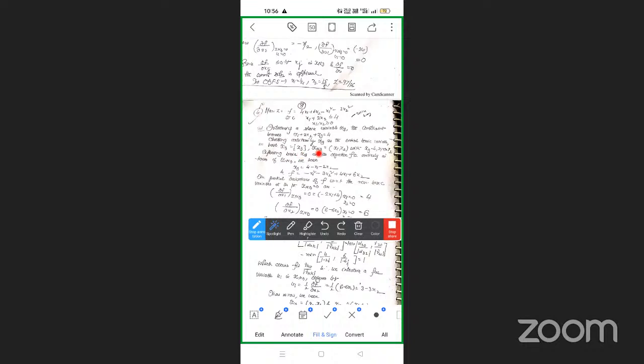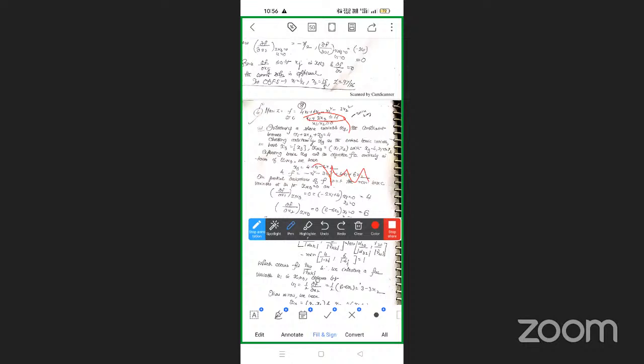Here there are two cases. In the first case we take x3 as the basic variable, and in the next case we take x4 as the basic variable. Here only one is there. If two or more constraints are there, for example if another equation is there, we add x4, and then we consider two cases.